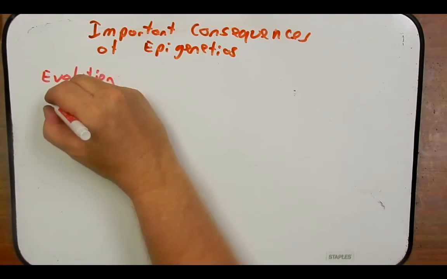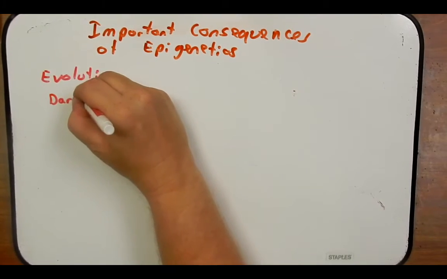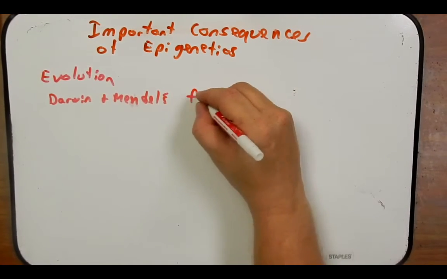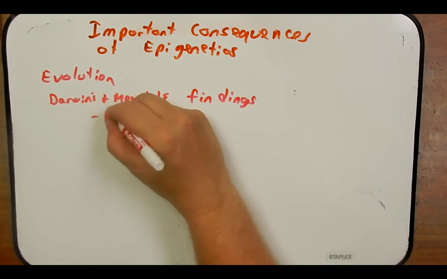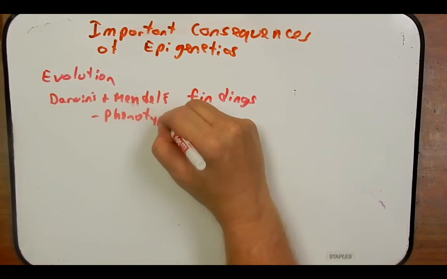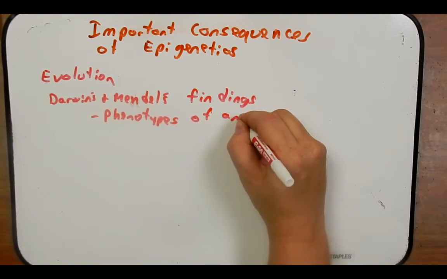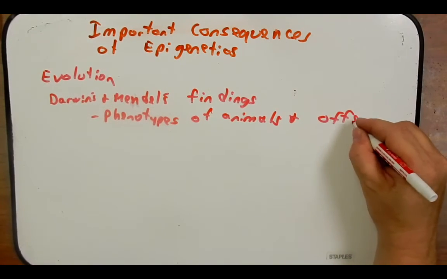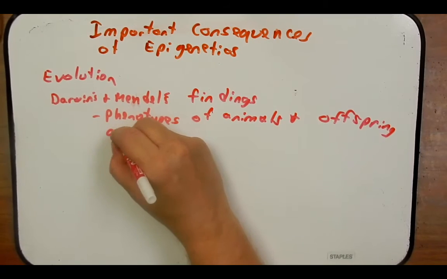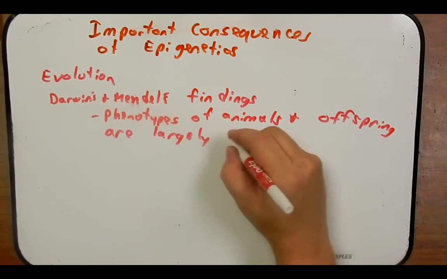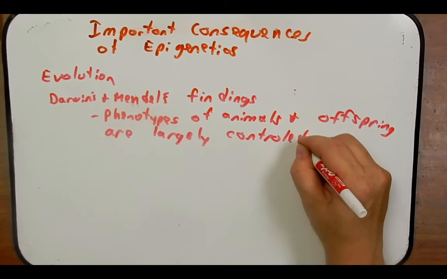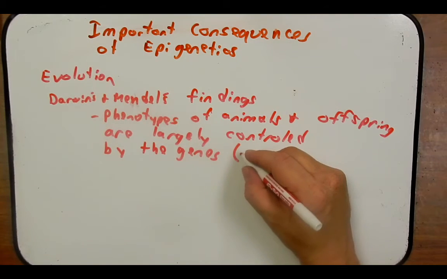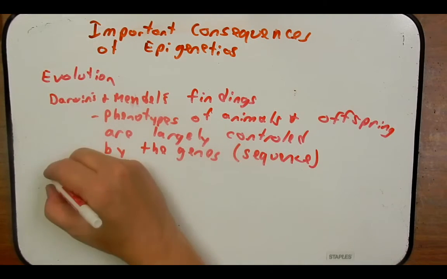If you think about Darwin and Mendel's findings, what it would suggest is that the phenotype of animals and offspring are largely controlled by the genes, and largely the sequence of those genes. There was this other guy, his name was Lamarck.